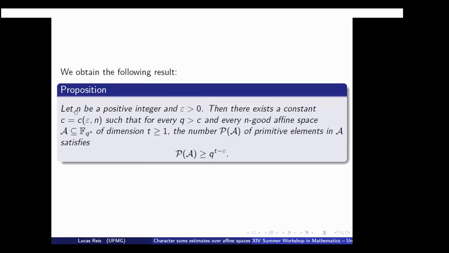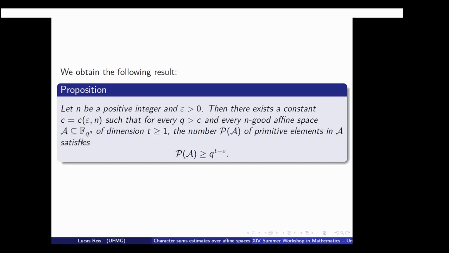So I fix n a positive integer and epsilon something positive. And so there is a constant depending on n and epsilon such that for any q larger than this constant and every n-good affine space A in F_q to the n, right? So n is fixed, q is large enough, and A is a generic affine space that is n-good lying in F_q to the n.